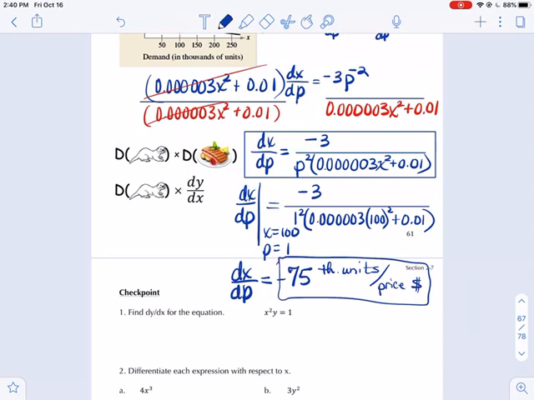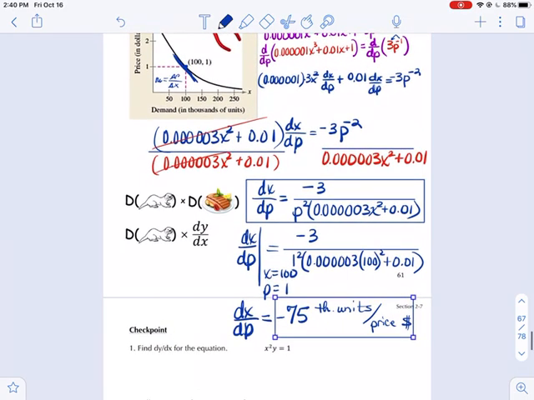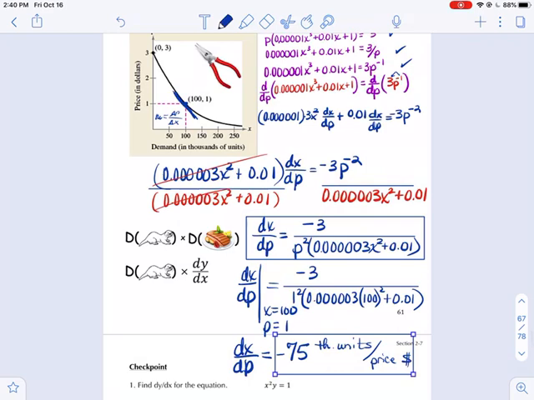So negative 75. If you look at this, as the units go up, the price goes down, which makes sense. If the slope is negative here on the graph, it makes sense that you get the reciprocal, because what you're looking at on the graph, the normal way you would look at slope, is dp/dx.